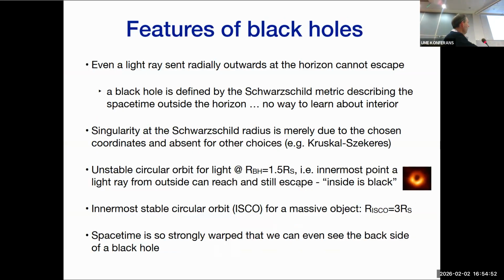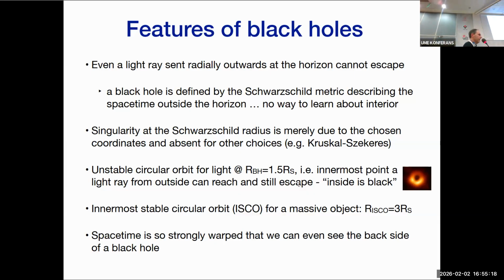But as you know, we have by now nice pictures of black holes. People took photos. That basically comes from the fact that there's an unstable circular orbit for light at 1.5 times the Schwarzschild radius. So if you put a light ray right there at 1.5 times the Schwarzschild radius, it will circle forever. But if you put it a slight bit away, it will go either out or in, right? And so that's what people see there.